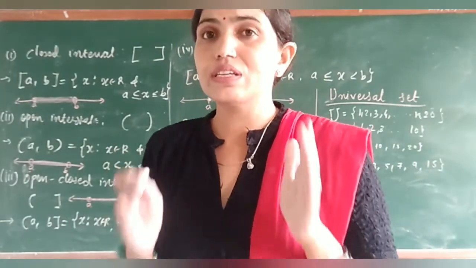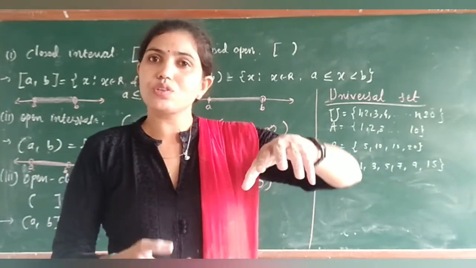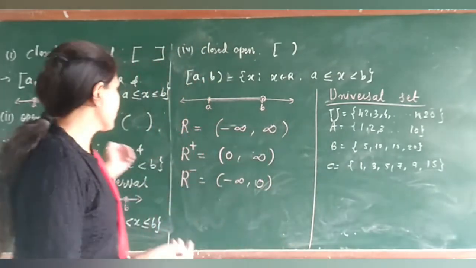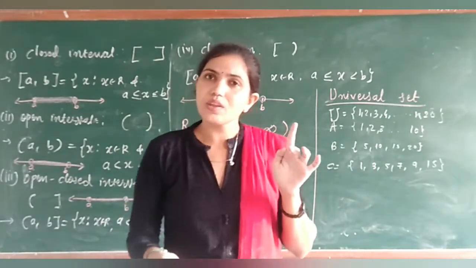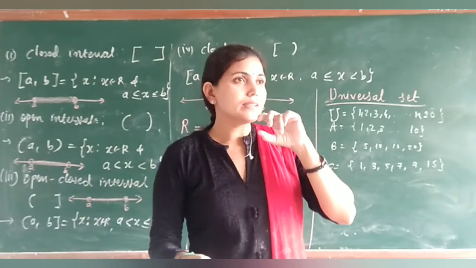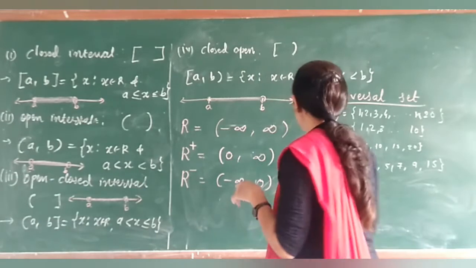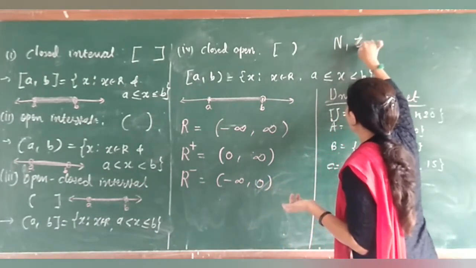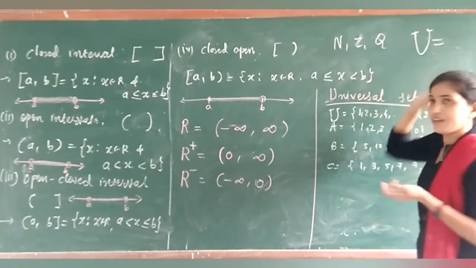I hope students you are clear with it. What is the universal set? यूनिवर्सल सेट जो होता है वो किसी सेट के रिस्पेक्ट में कंसिडर होता है. Okay. So if I consider here, मुझे अगर बात करनी है set of the natural numbers that is N, then set of the integers that is Z, then set of rational numbers Q. So if I want to consider any superset which is a superset of all these three, N, Z and Q, then which set can I consider as a universal set?